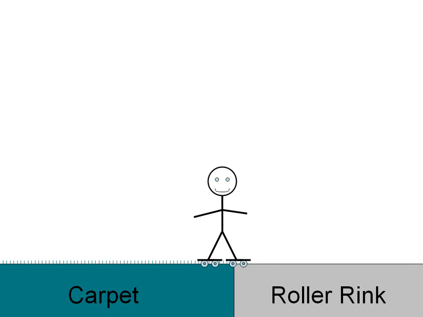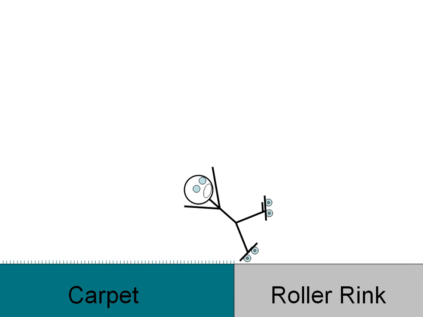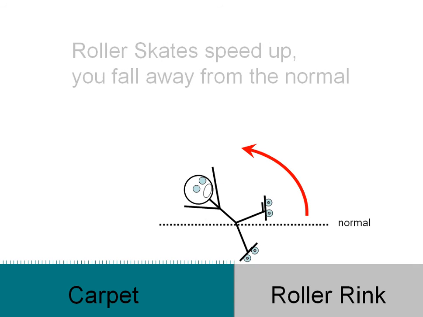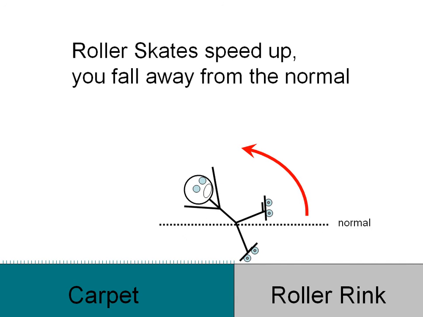But as soon as I took one step out onto the roller rink, the smooth surface had my feet take off really fast, and because of inertia, my body wanted to stay still. So again, looking at my normal line, as my feet take off faster, my body's falling away from the normal line. So if you slow down, you fall towards the normal line. If you speed up, you fall away from the normal line.